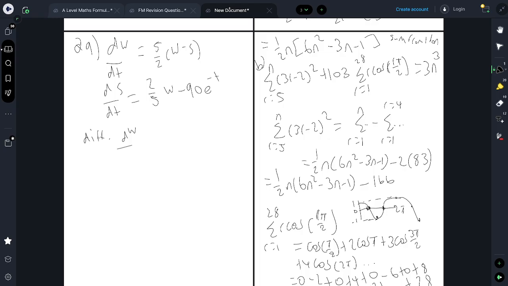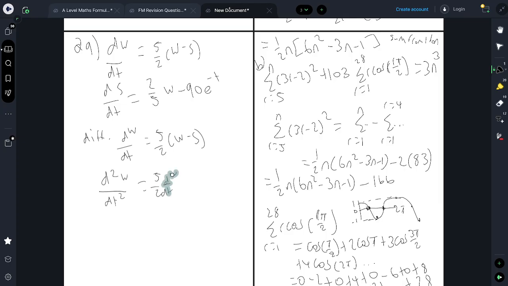dw by dt, if it's 5 over 2 w minus s, we get d squared w by dt squared, and that's 5 over 2 dw by dt. Now it's not 1, you don't differentiate w, you're differentiating t.